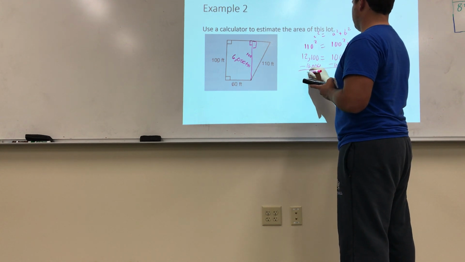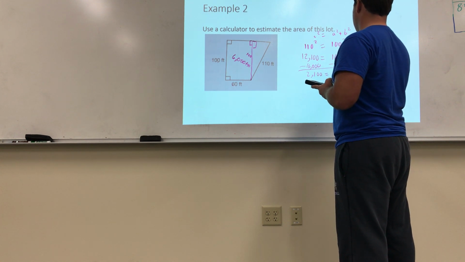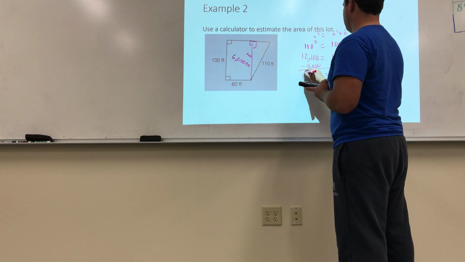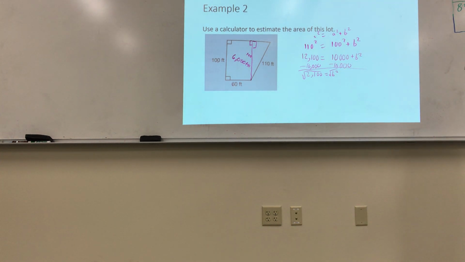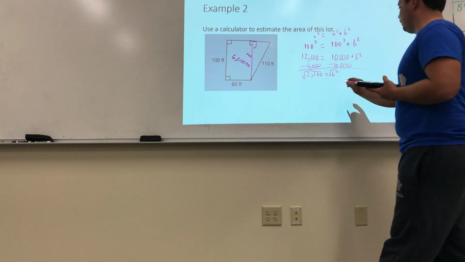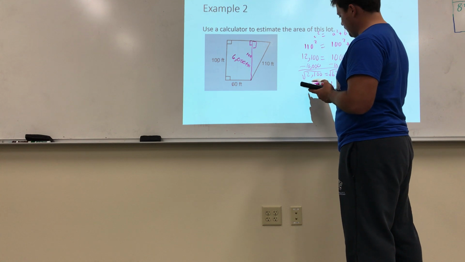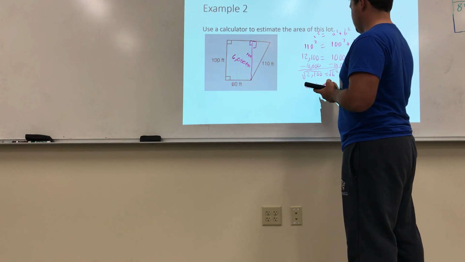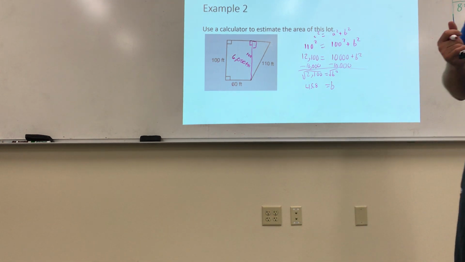You are going to get 2,100 equals b squared. Square root both sides. You're going to get b to be approximately 45.8, but if I rounded it, it'd be at that point.